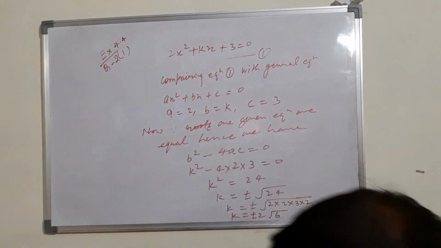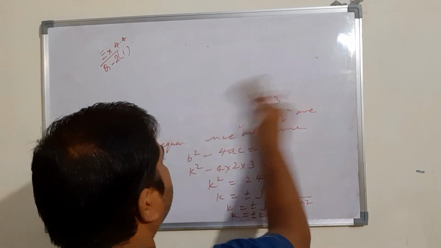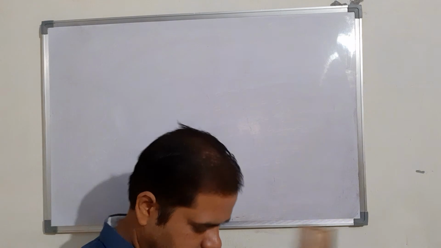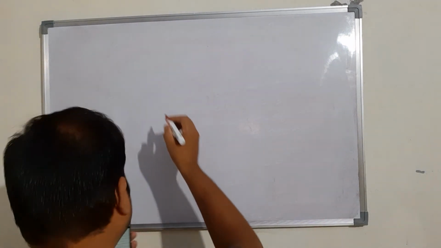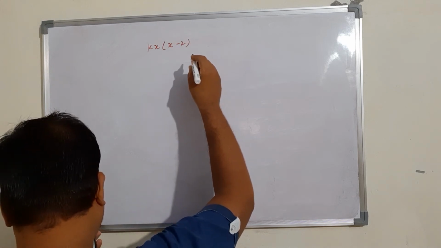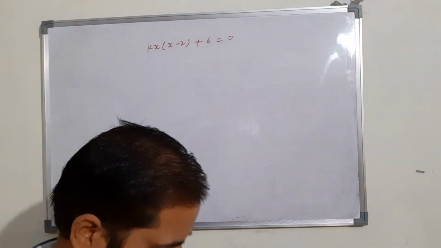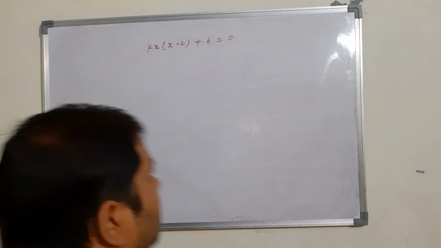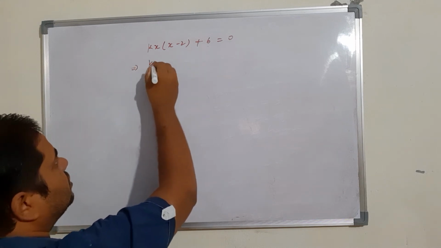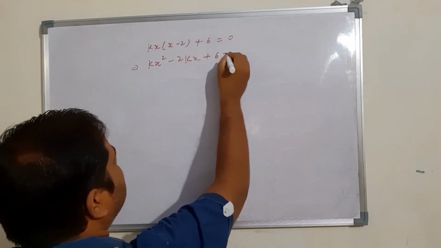kx within bracket x minus 2 plus 6 is equal to 0. This is your quadratic equation. So in this question, first of all, we represent it as a quadratic equation: kx square minus 2kx plus 6 is equal to 0.